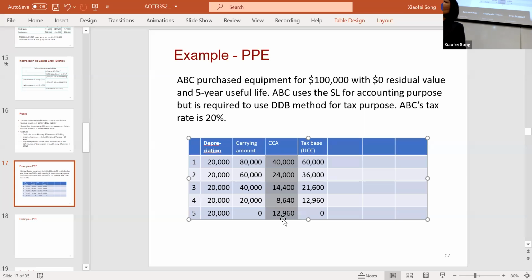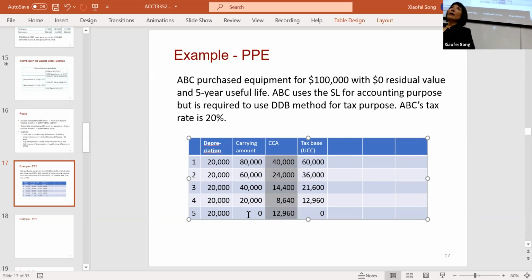You recall when we used double declining balance, towards the end we abandoned the formula because we had to be sure that 100,000 is depreciated over 5 years. So after the 4th year, we just depreciate whatever is left. That's why the last year number is higher than the 4th year number.